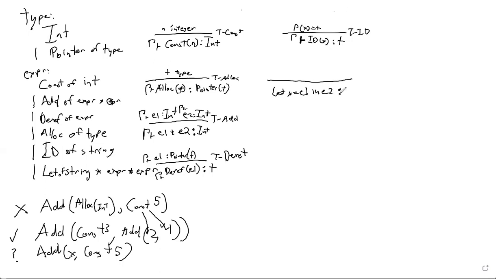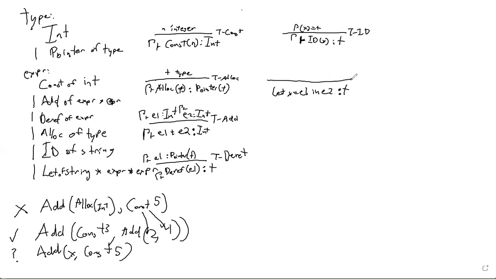This thing should have some particular type, let's just call it T. In which circumstances? Well, if we say let X equal alloc of int in const of 4, in this case X isn't used at all, so the type that we use is E2's.